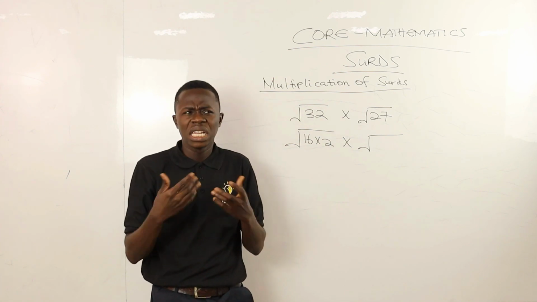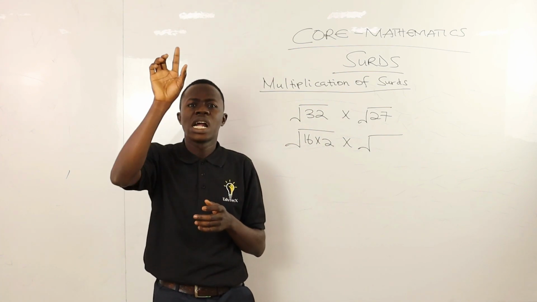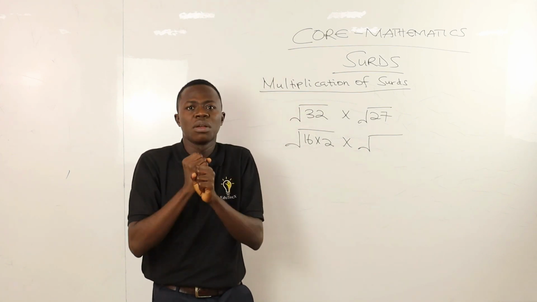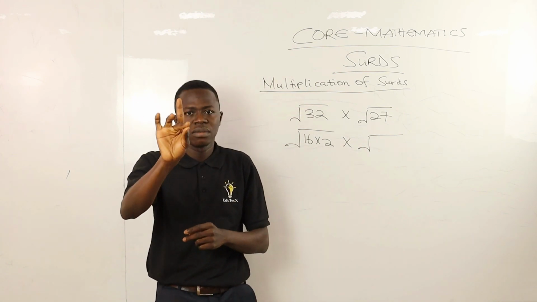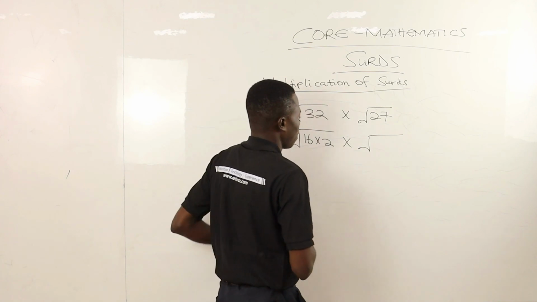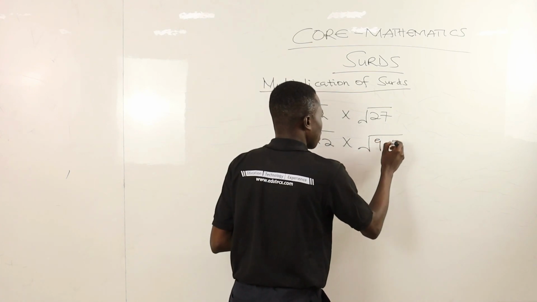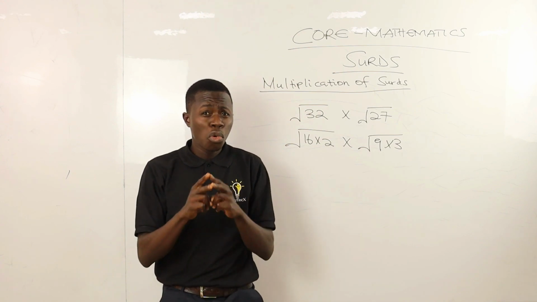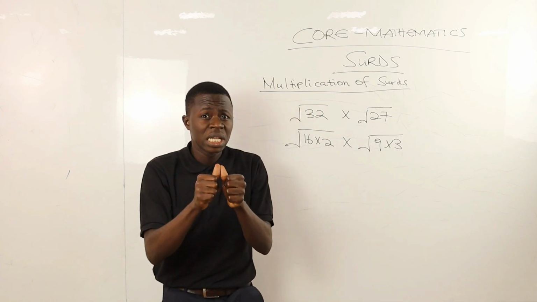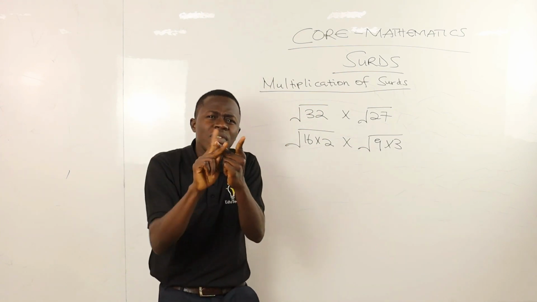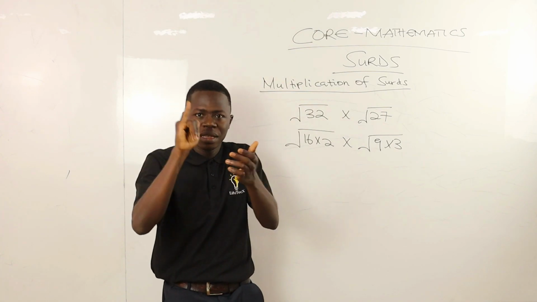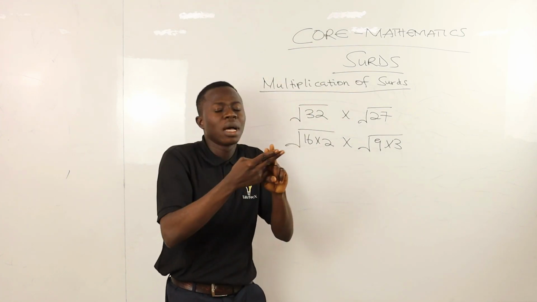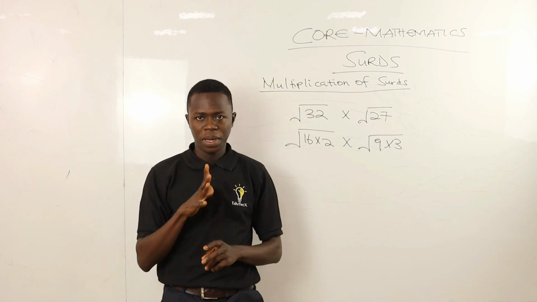So which other perfect square can be multiplied to get 27? 9. So 9 multiplied by 3, and then we have 27. So 9, which is a perfect square, multiplied by 3 is going to give us 27. So that is what we are going to use. So always remember that you need to have a perfect square among those two numbers you are multiplying. All right.